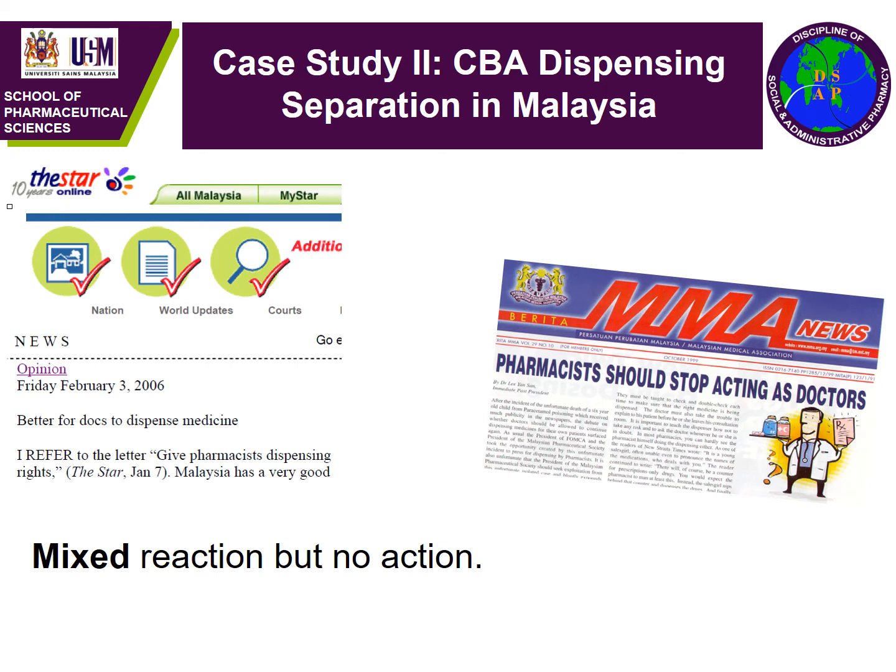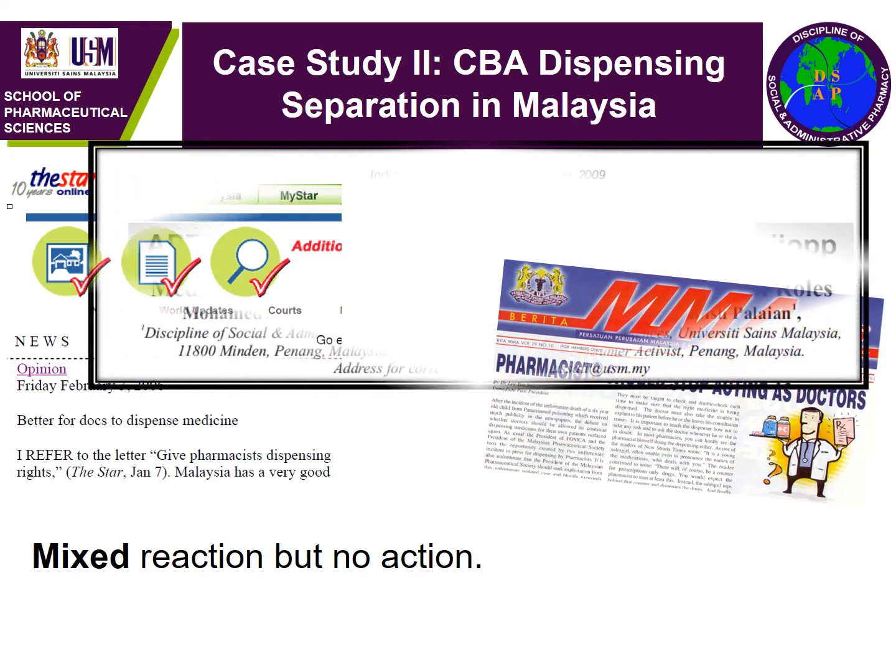Dispensing separation is one of the most contended healthcare issues in Malaysia. There are so many arguments on paper by all parties, but there are no concrete actions being taken.